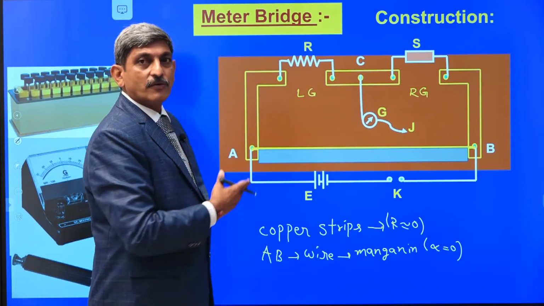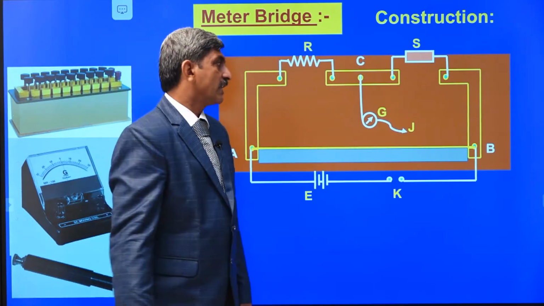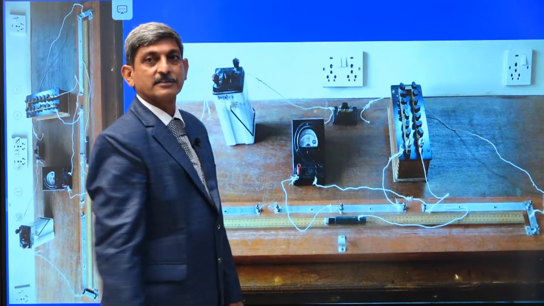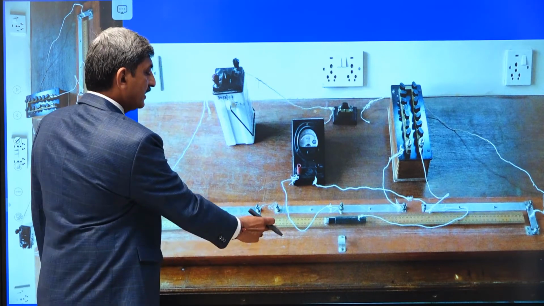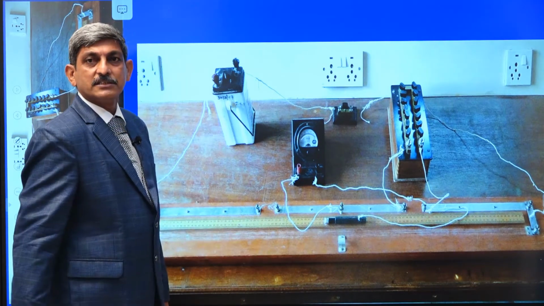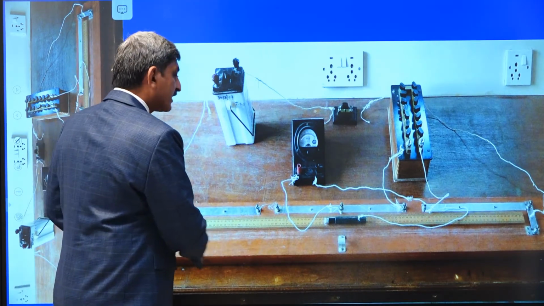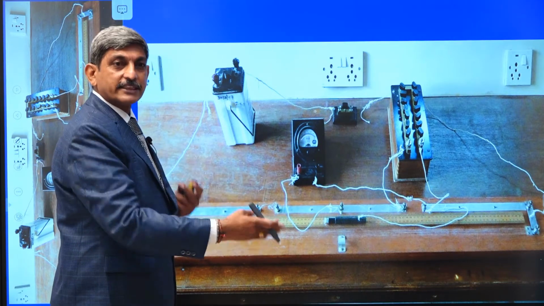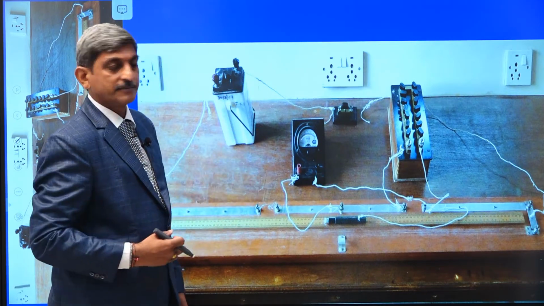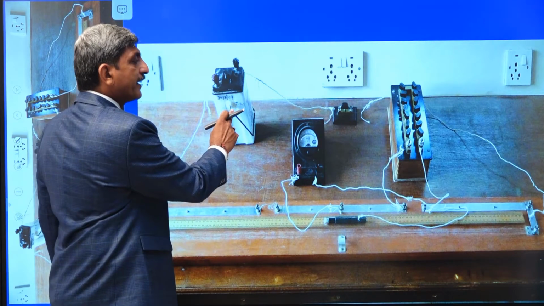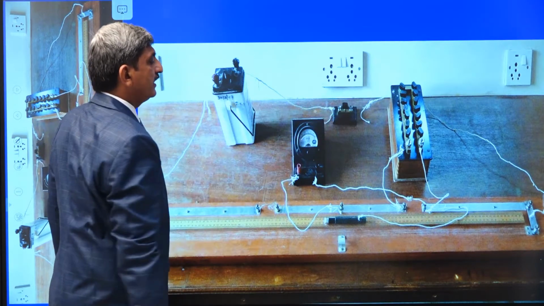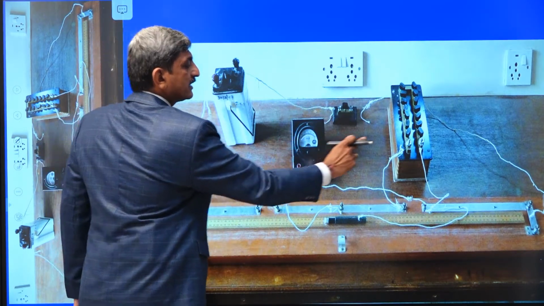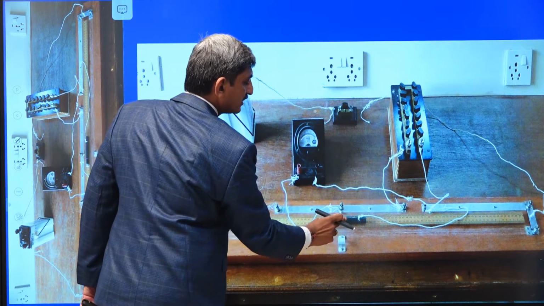If we complete the circuit connections, the situation will be like this in the laboratory. This is the meter bridge. The length of the wire is exactly 1 meter. That's why this is called the meter bridge. This is the battery. This is the plug key. This is the galvanometer. This is the resistance box.